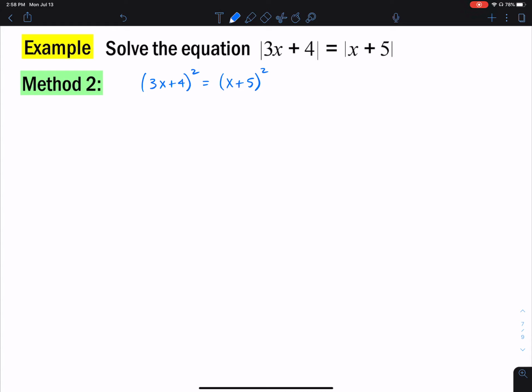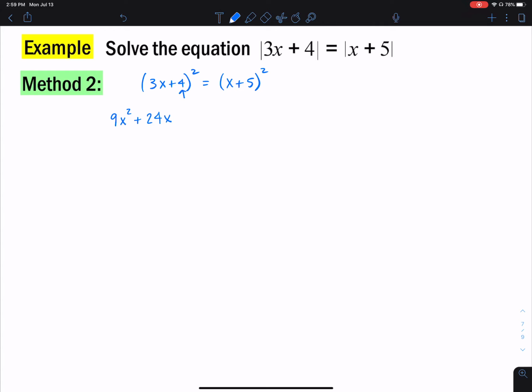Now, if you remember from AS level, we learned how to quickly expand these binomials without actually having to rewrite a ton of stuff. So the shortcut goes, you take the first term, which is 3x, and you square it. So that would be 9x squared. And the second term is the product of each of these terms. So if you take the product, that would be 12x, double it. So you have 24x.